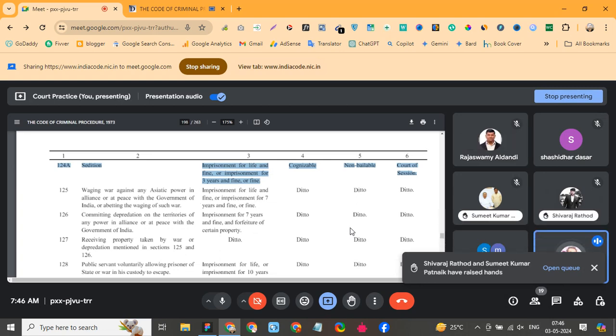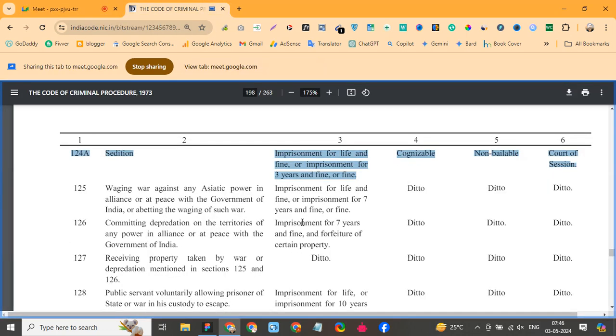What is this section 124A? What is the definition?